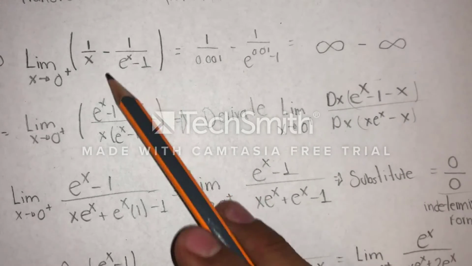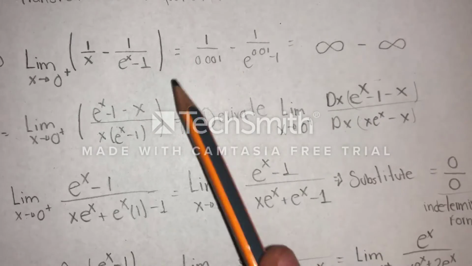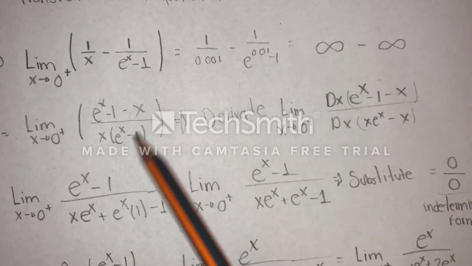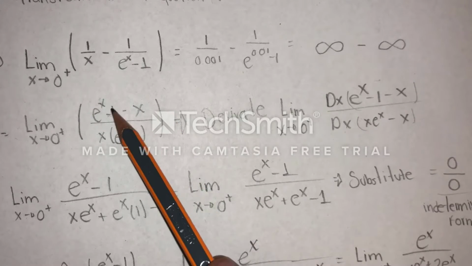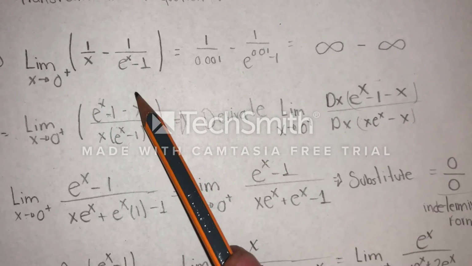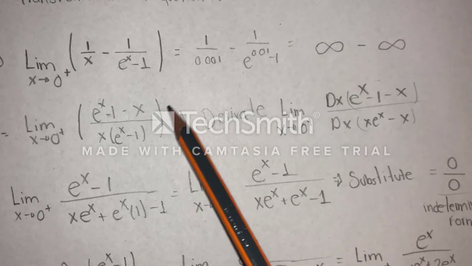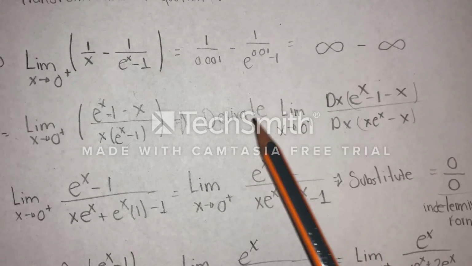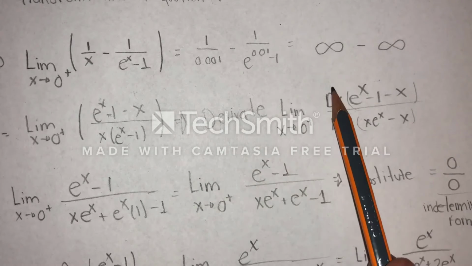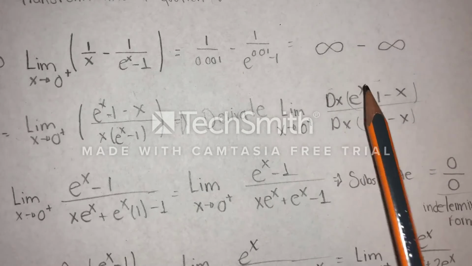We do this difference, multiplying the denominators: 1 times e to the x minus 1 is e to the x minus 1 minus x. We solve for this, and we take the derivative of the numerator and the denominator.